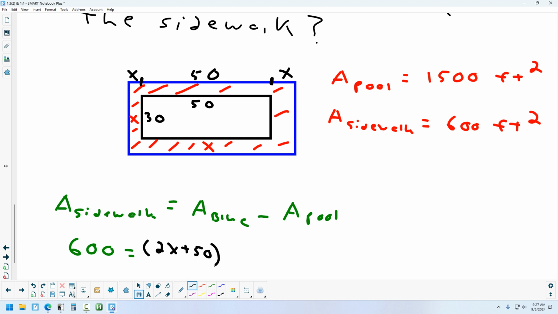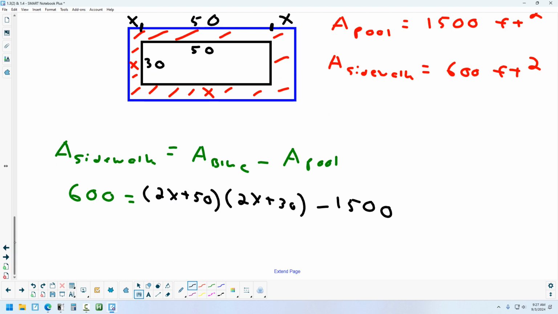And I think you kind of already said it, Lucas, what's the width of the blue rectangle? 2x plus 30. And the area of the pool, we already know that's 1,500. So now we just have to solve that equation, and that'll give us x. So we got 600.